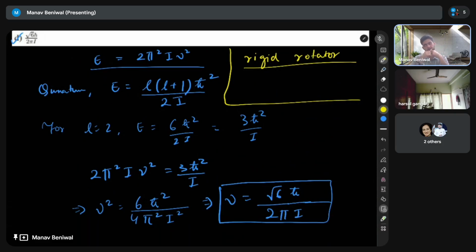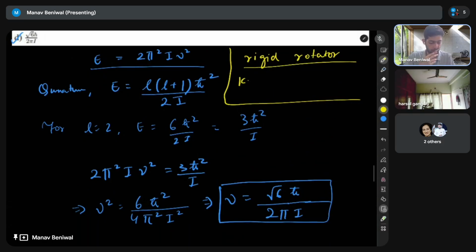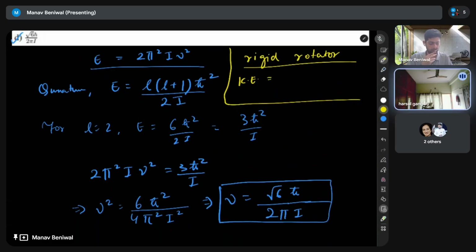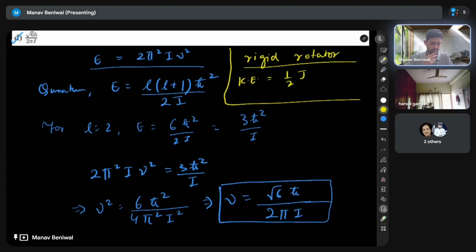Classically, if you have a rod or any object, what will be its kinetic energy? Half I omega squared.